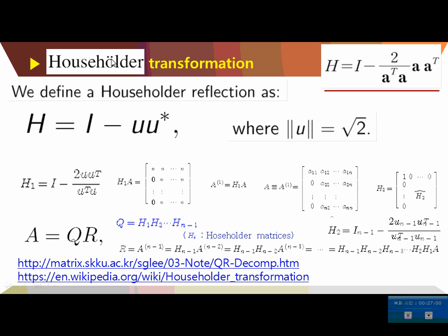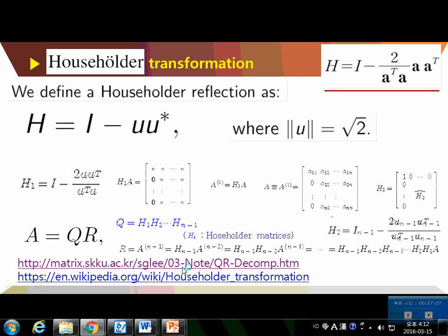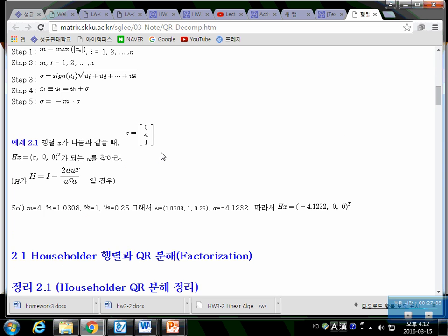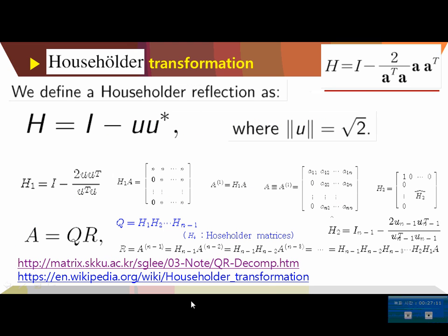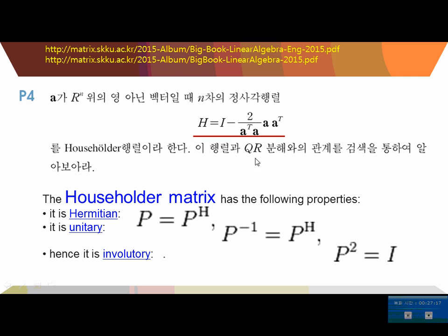That's why you can find my lecture note in here, and also more information on Householder transformation on the wikis. And this is why most elementary, introductory linear algebra books have an example to show the property of this special type of matrix.